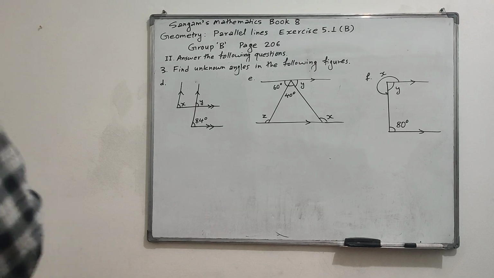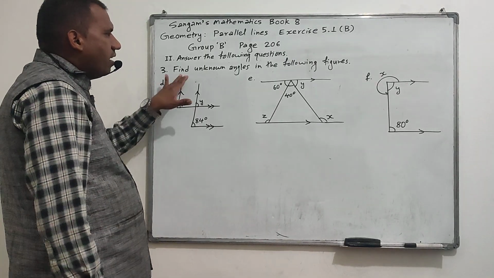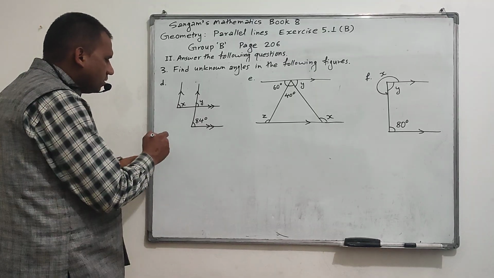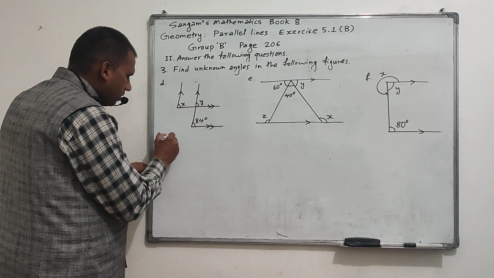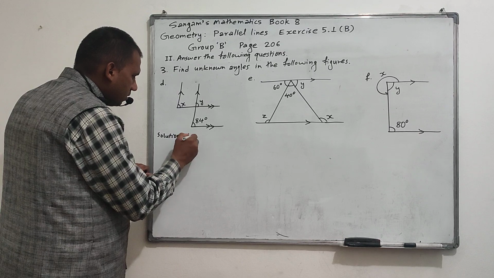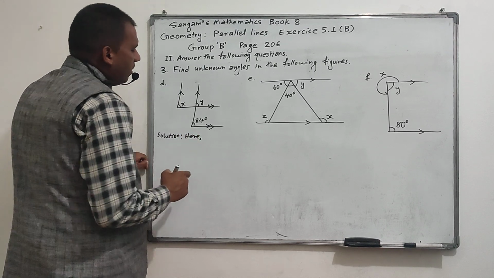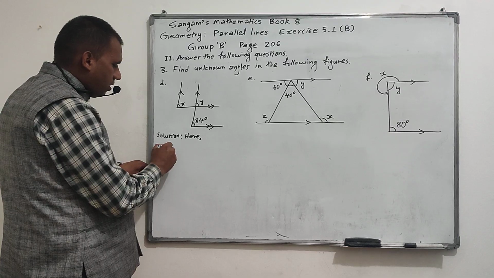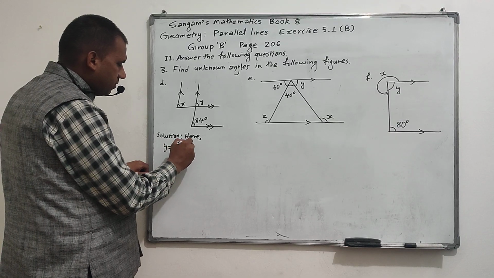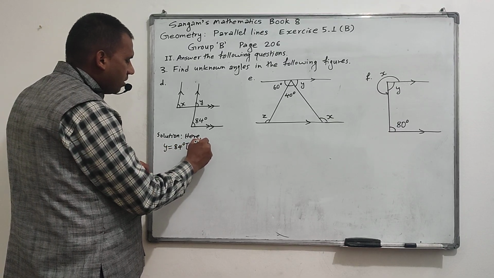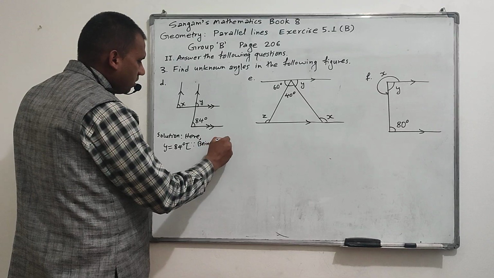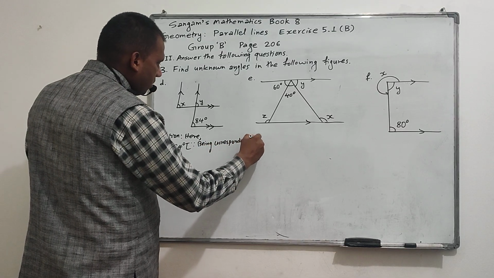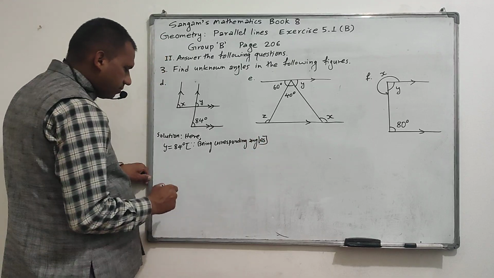Okay students, now 3D. Find unknown angles in the following figures. Now its solution. Here 84 and y are corresponding angles, so we can write y equal to 84 degrees, because being corresponding angles.